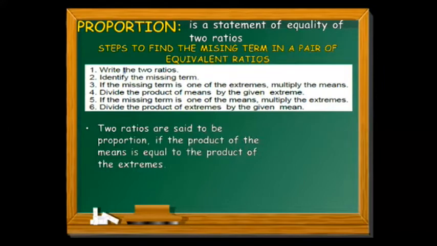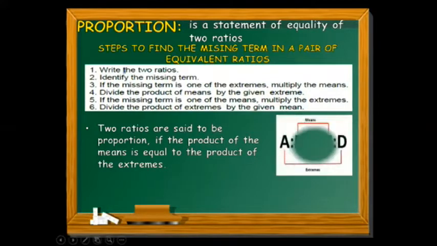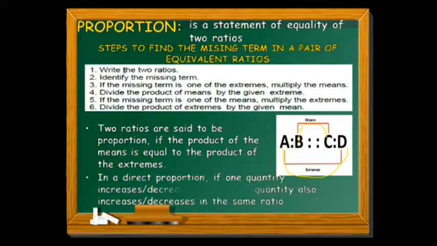Two ratios are said to be in proportion if the product of the means is equal to the product of the extremes. Ito yung means natin, B and then C. And then ang ating extremes naman is A and D. The inner ones are the means and the outer parts are the extremes.